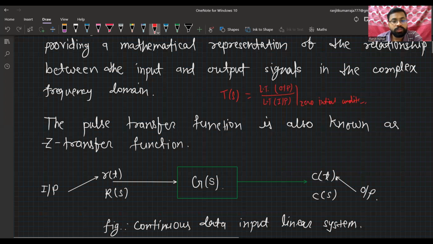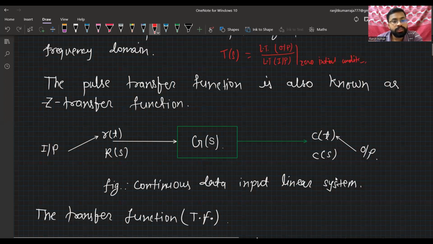Okay, so this is the basic block diagram, that is input, response, and output. This is G of S, which is in the Laplace transform form. So this is the continuous data linear system.